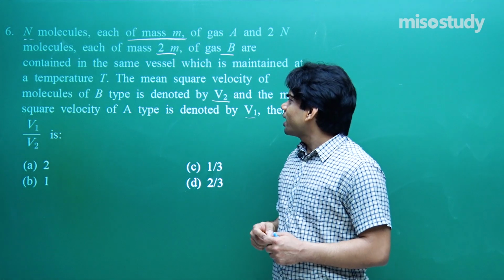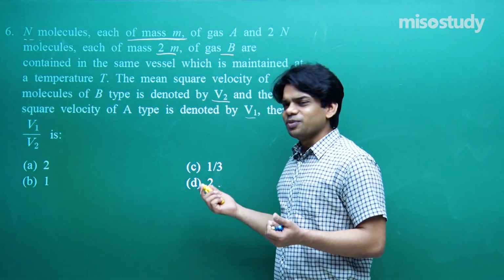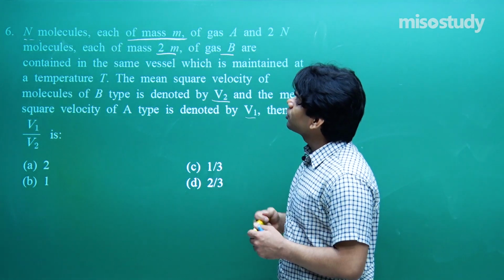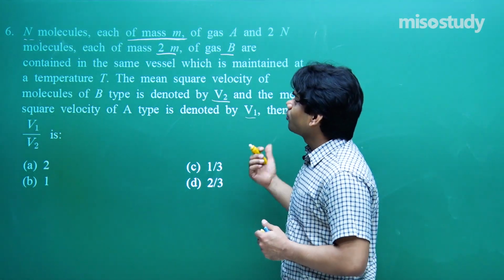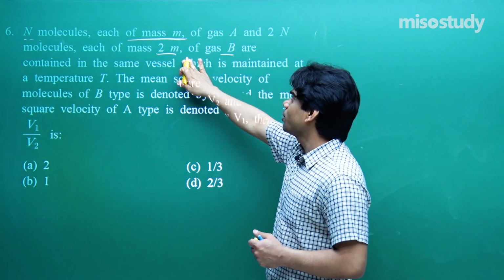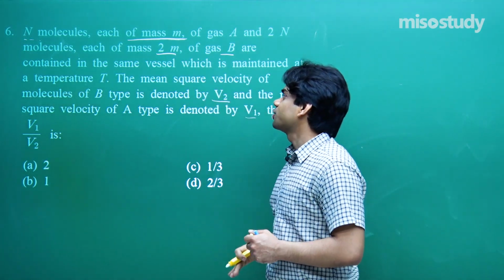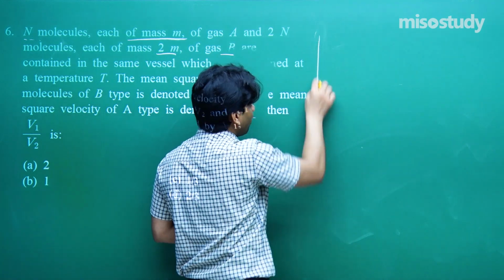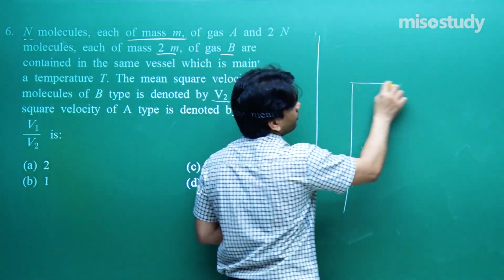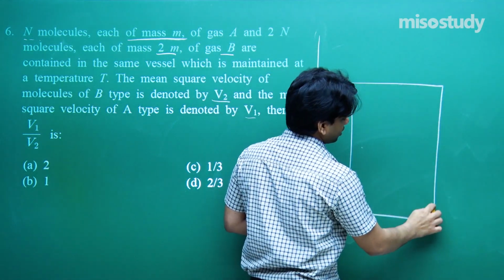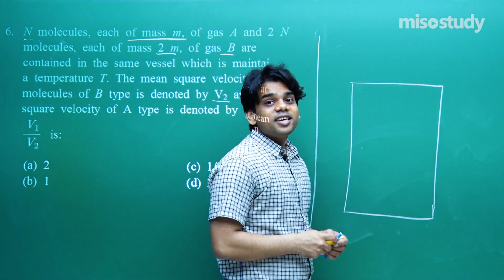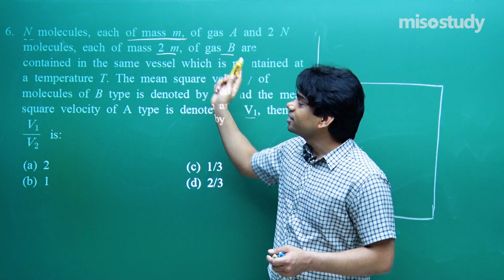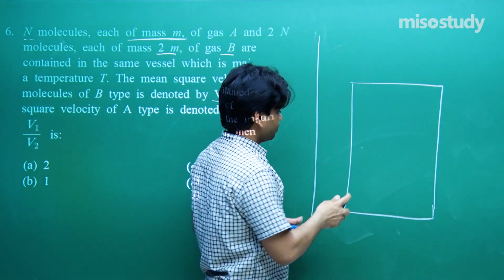Now root mean square speed I have already discussed, and V1 by V2 we need to find out. N molecules each of mass m of gas A and 2N molecules each of mass 2m of gas B are contained in the same vessel which is maintained at temperature T. Now see here, one vessel we have got and we have kept gases A and B in it. Gas A has N molecules and gas B has 2N molecules.